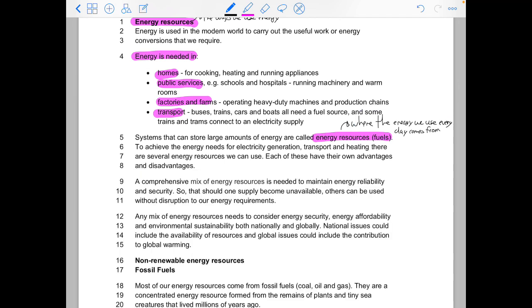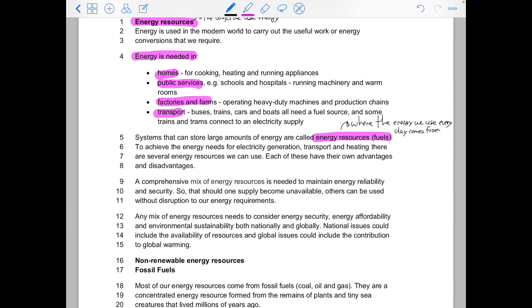So, to achieve the energy needs for electricity generation, so to create all the electricity that we use to transport things and to heat everything, there are several different energy resources we can use. So some of these you can probably already think of. How does the electricity get made? What fuel goes into cars to make them run?